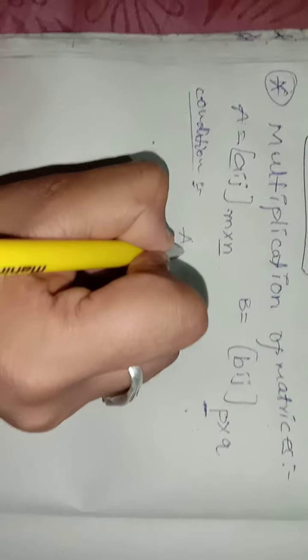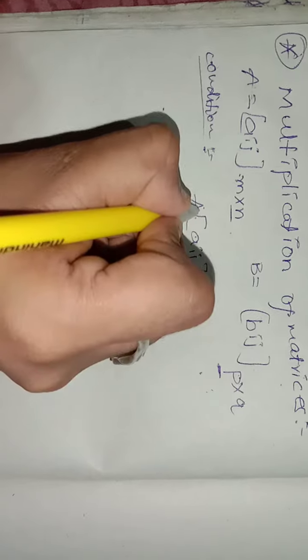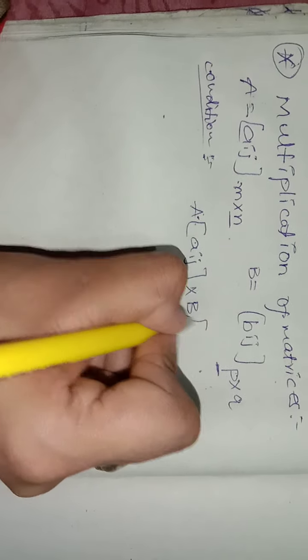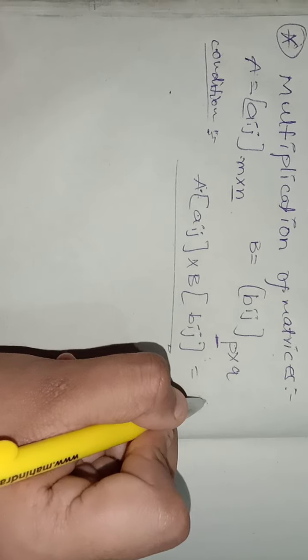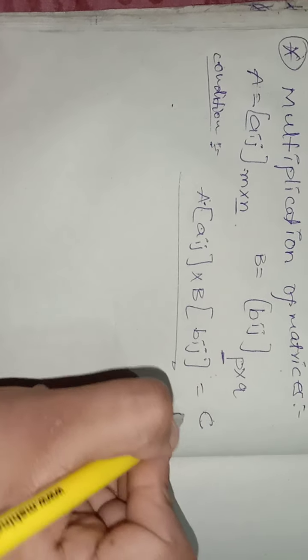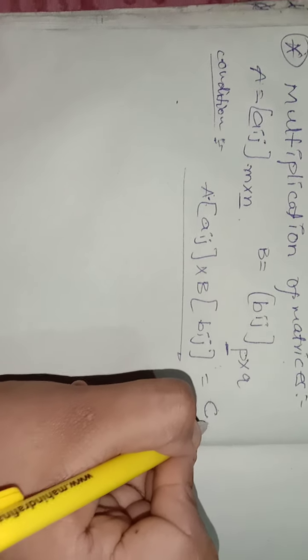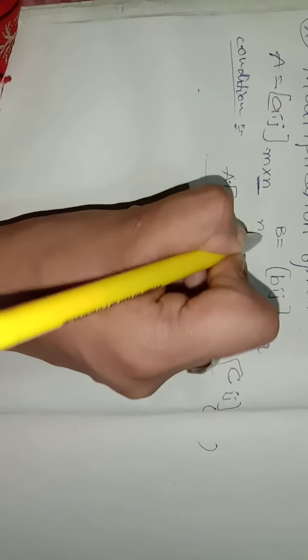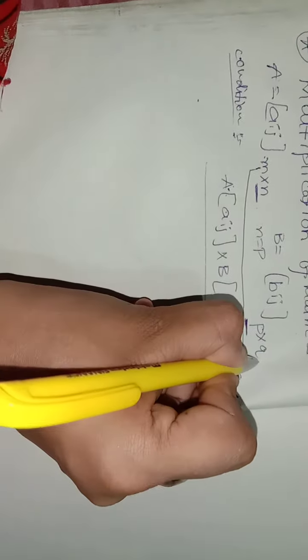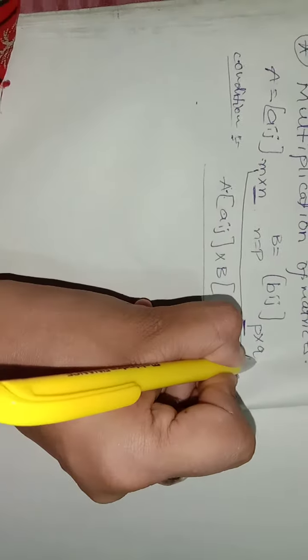If you multiply these two, for example A into B, suppose you get the resultant C. Then what will be the order of C? If these two are equal, then the order must be M cross P. The resultant matrix order will be first matrix rows cross second matrix columns.